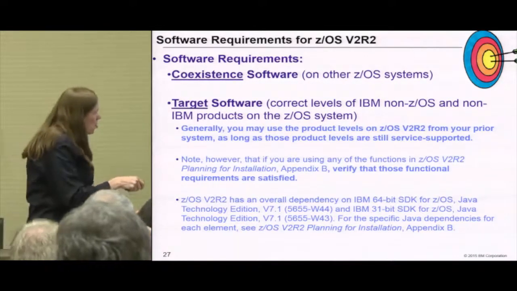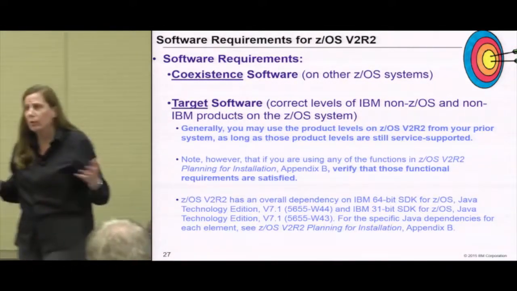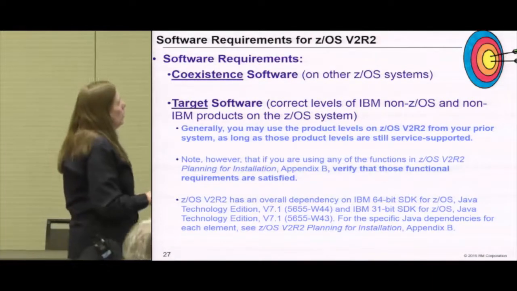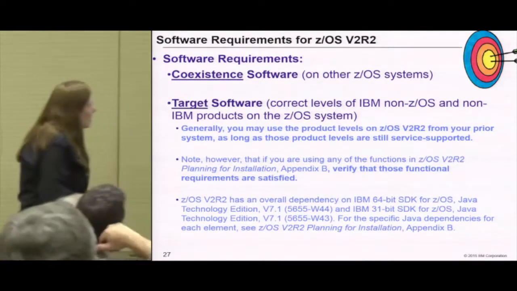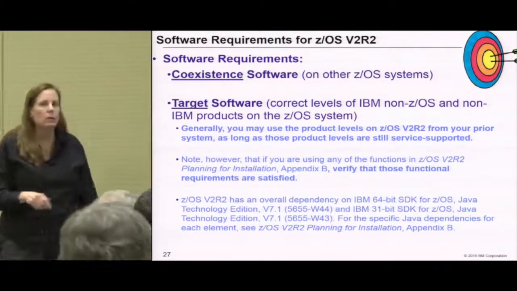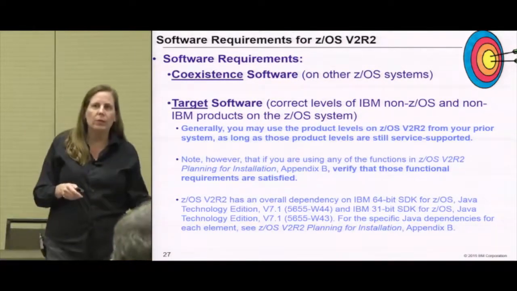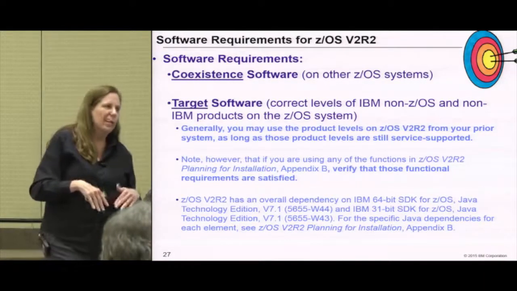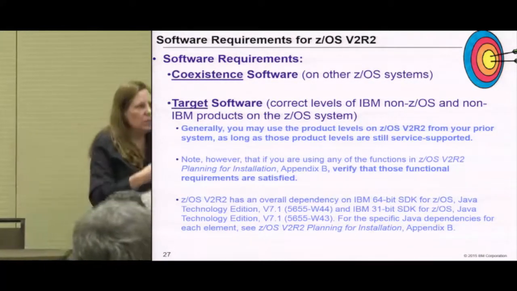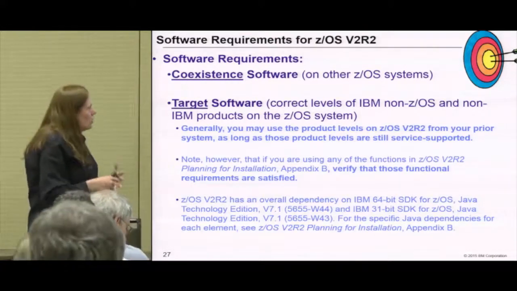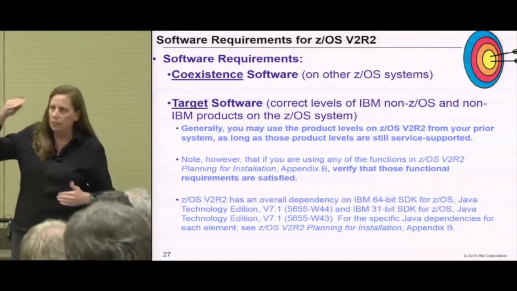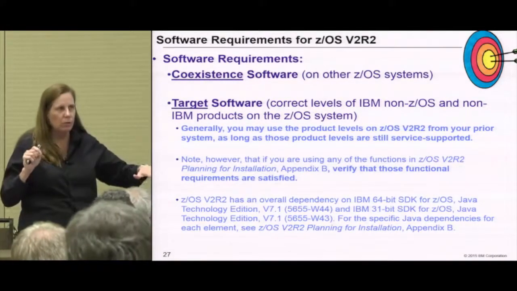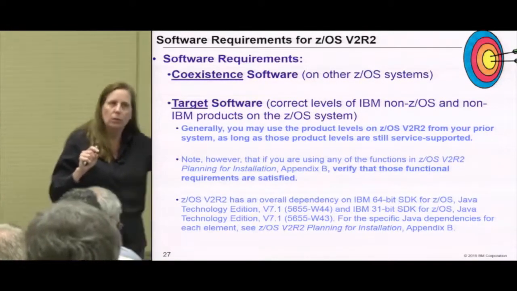Also, generally, we have an overall dependency in z/OS that we need Java Technology Edition 7.1, either the 31 or 64-bit flavor, depending on what functions you're going to be using. So if you want to know what level of Java you need for z/OS 2.2, generally it is the 7.1 level, although there are some older functions in z/OS 2.2 that existed in 2.1 and in 13 and in 12 and in 10.